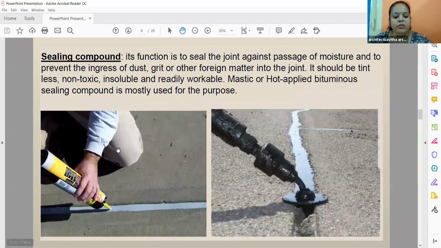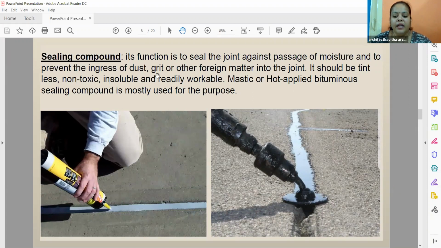Next one is, how do you fill the gap? Sealing compound. The first one is joint filler. The second one is sealing compound. Its function is to seal the joint against passage of moisture and to prevent the ingress of dust, grit, or other foreign matters into the joint. Dust everybody knows.